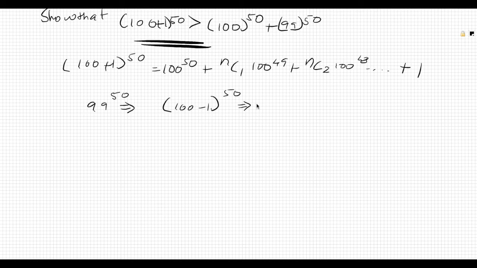So what does that give? It gives us 100 to the power 50 minus 50C1 100 to the power 49 plus 50C2 100 to the power 48 and so on till 1.